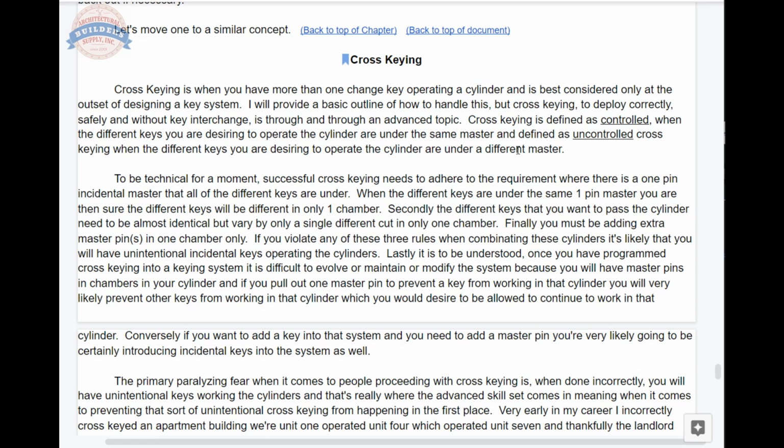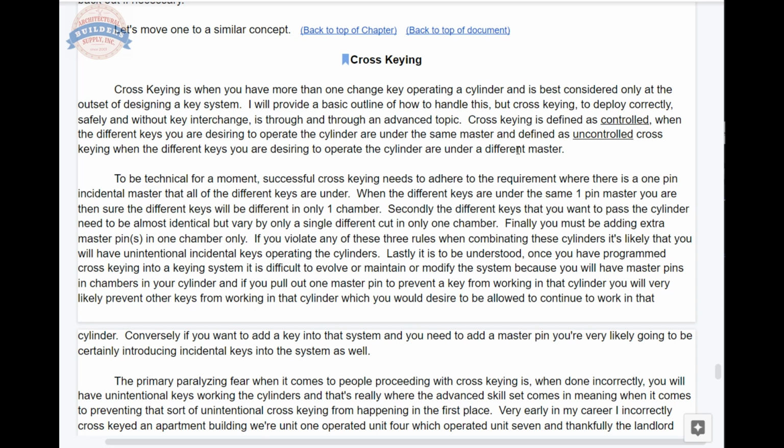You could have 1AA, 2AA, and then you could have 1AB and 2AB. And all four of those keys will need to be cross-keyed. It's uncontrolled because there's two different masters. There's the AA and the AB. That's the only difference. There's no runaway event of cataclysmic occurrences happening when the word uncontrolled is used.